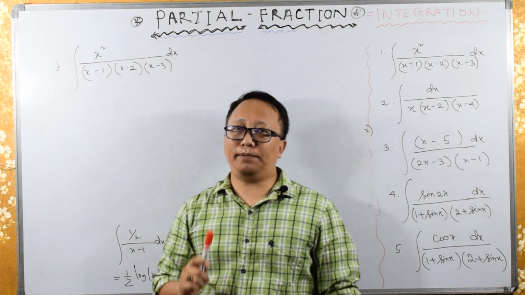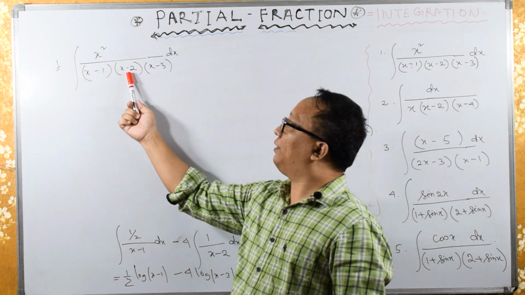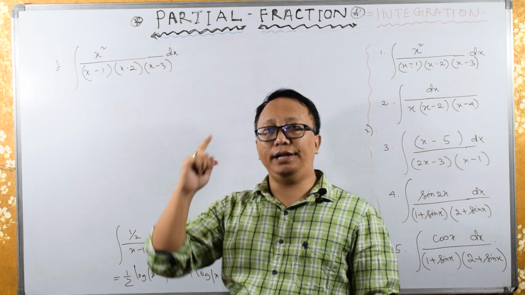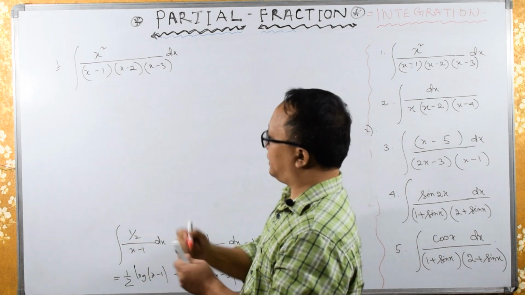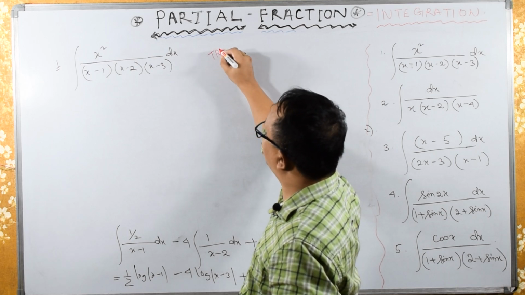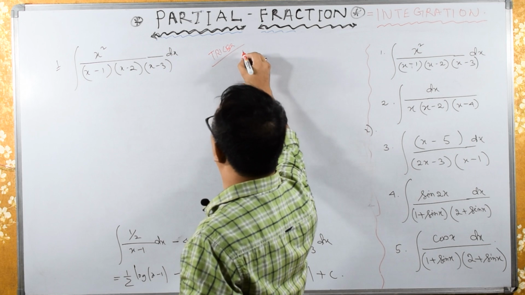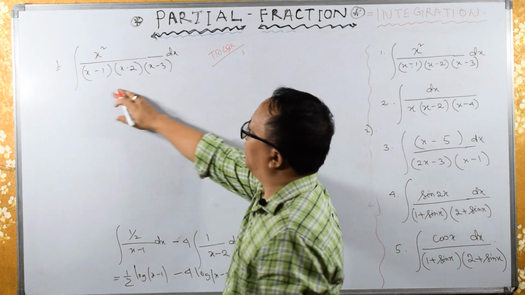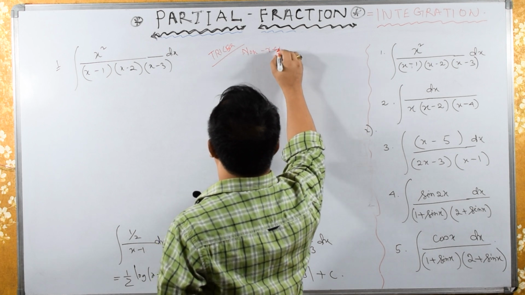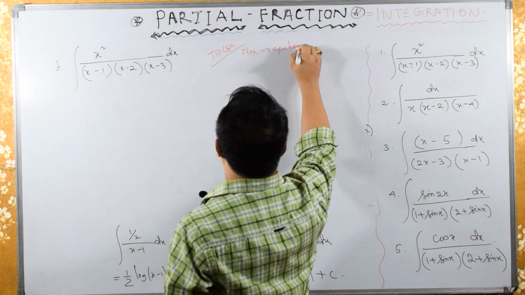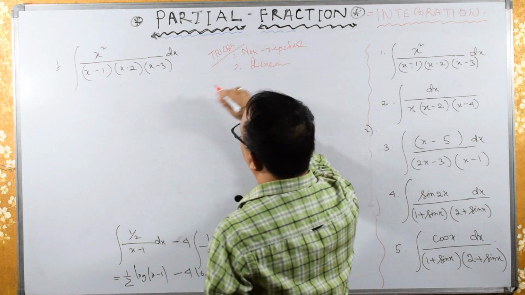Now this trick is applicable only when, keep in mind, all the terms are linear as well as non-repeated. The tricks which I am going to explain should be, first, non-repeated, and number 2, linear.